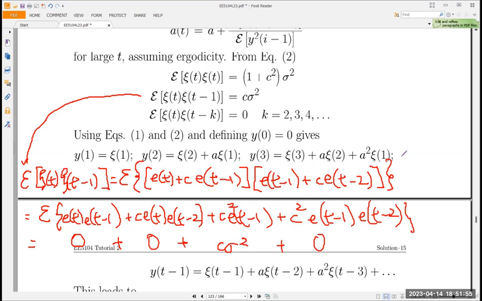Y t is always equal to zeta t plus a zeta t minus 1 plus a square zeta t minus 2, dot dot dot. If you work hard enough, do y4, y5, you find that you have a general pattern here. Okay, so now you have this general pattern.